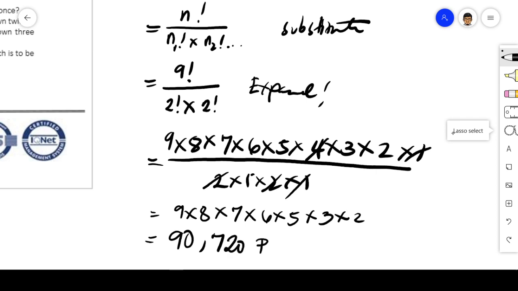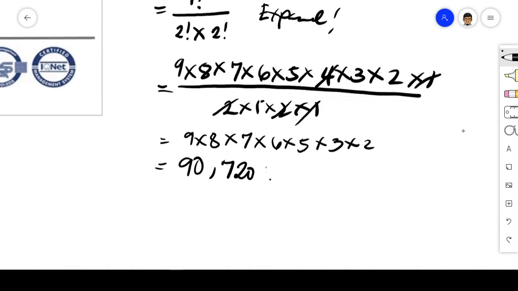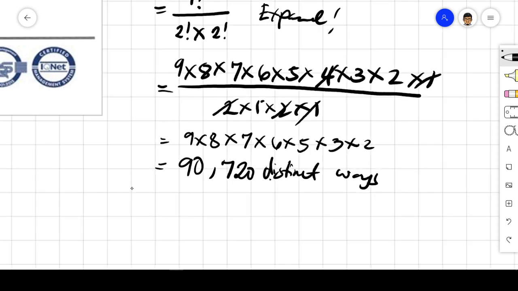So these are the possible distinct ways in which the word mathematics will be rearranged in such a way that it will begin and end with letter A. Okay, so that's how you solve number 1.